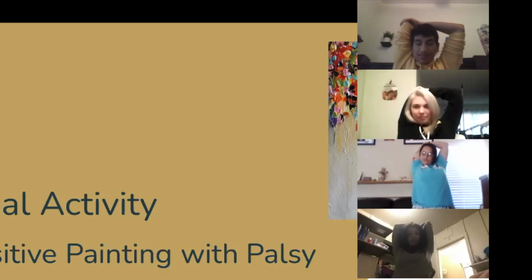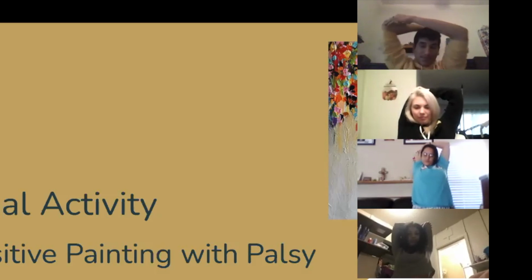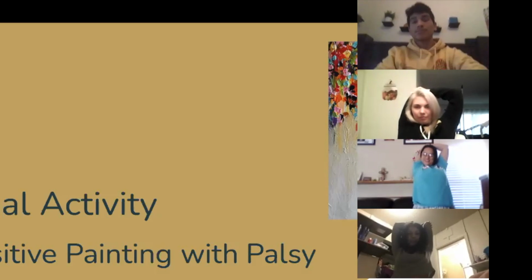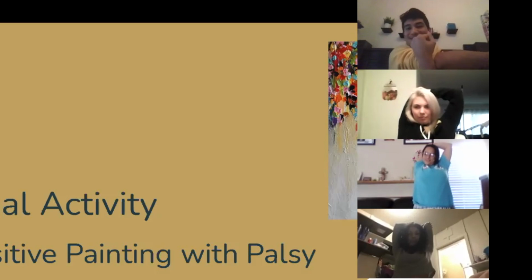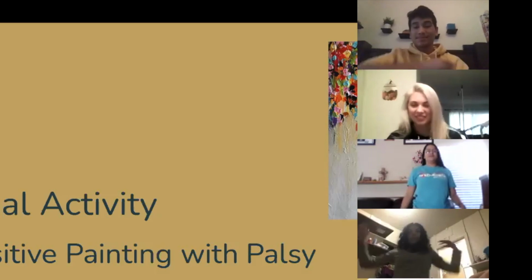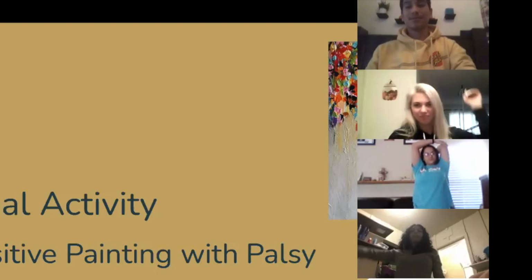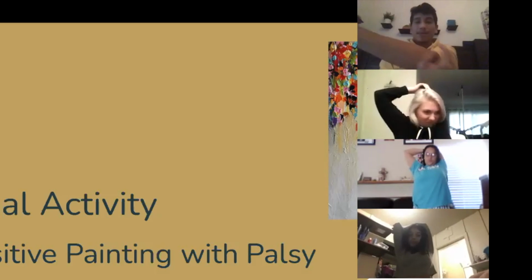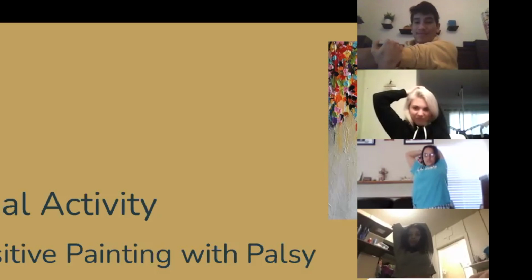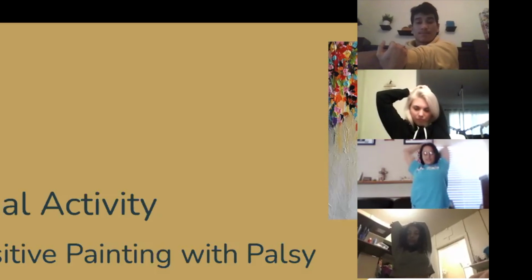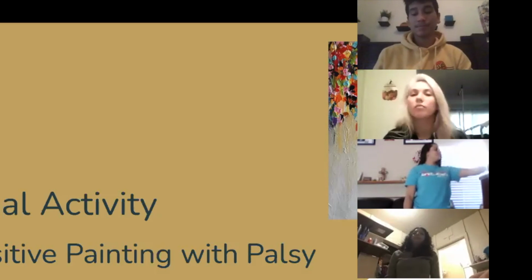We're going to hold that for 10 seconds. 1, 2, 3, 4, 5, 6, 7, 8, 9, 10. Okay, and then we're going to switch. 1, 2, 3, 4, 5, 6, 7, 8, 9, 10. Okay.